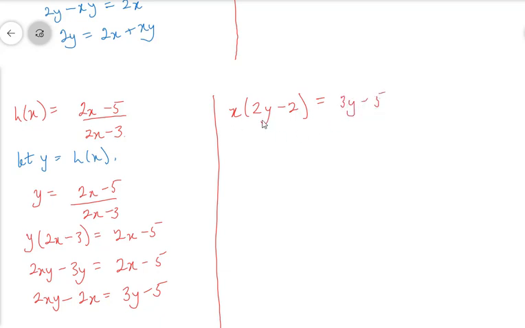Now dividing both sides by 2y minus 2, x becomes 3y minus 5 divided by 2y minus 2. Now again we have to set the denominator to 0 to find the possible values of y that are going to make x defined. So 2y minus 2 is equal to 0, which just simplifies to y is equal to 1.